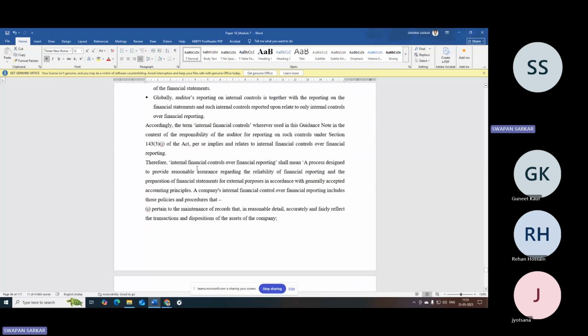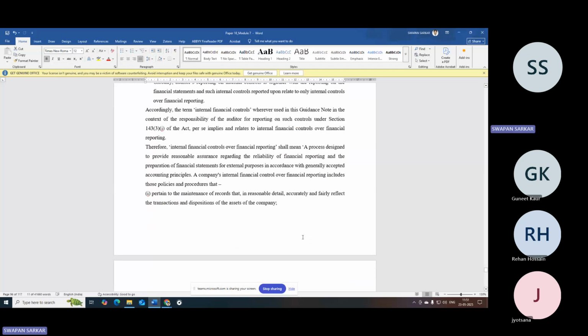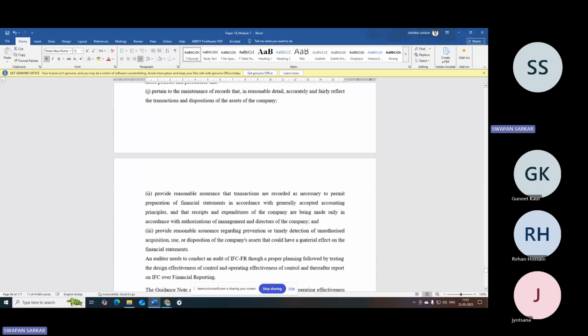Now, therefore, internal financial control over financial reporting shall mean a process designed to provide reasonable assurance regarding the reliability of financial reporting and preparation of financial statements for external purposes in accordance with the generally accepted accounting principles. A company's internal financial control over financial reporting includes those policies and procedures that pertain to the maintenance of the records that, in reasonable detail, accurately and fairly reflect the transactions and disposition of the assets of the company.